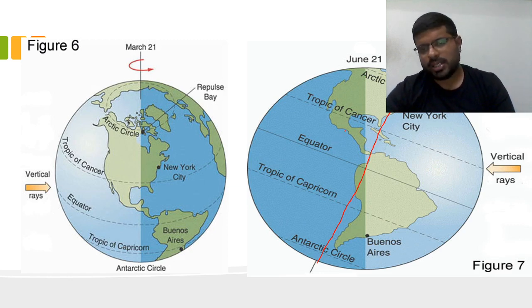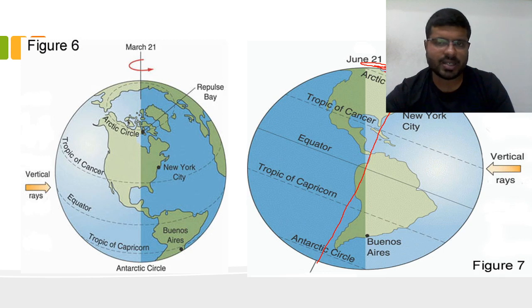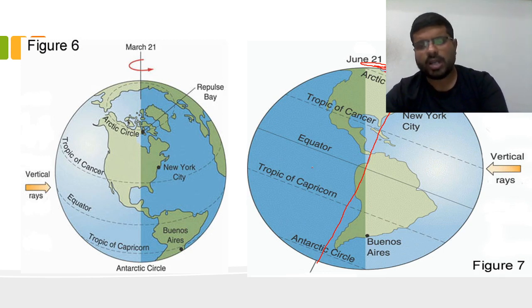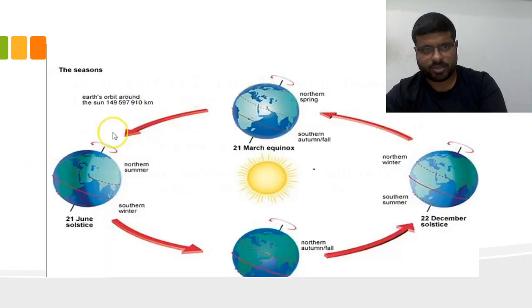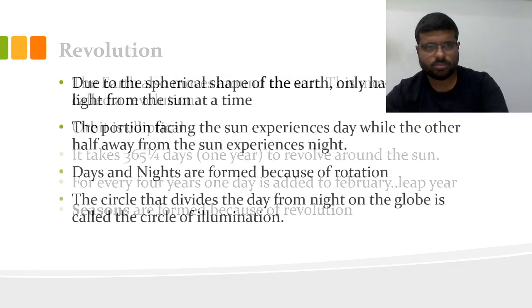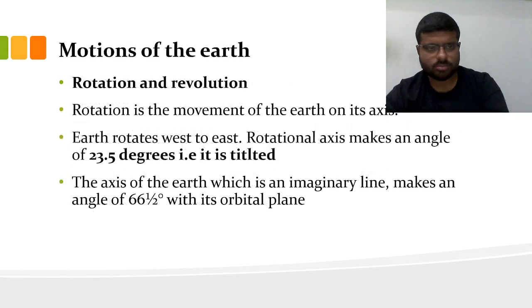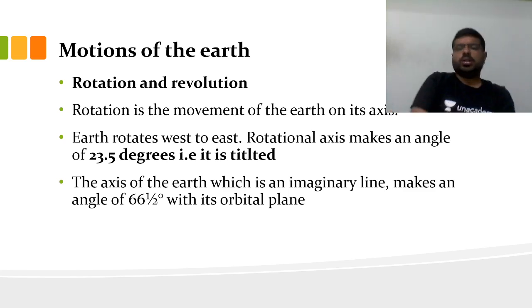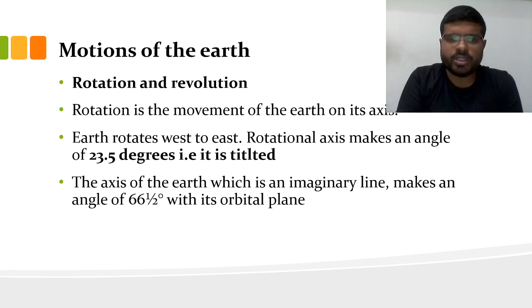This is how the Earth looks from outer space. As it looks, it is making a tilt. This tilt of 23.5 degrees is the reason why you will find these variations, because of which you will have so many variations. The rotational axis makes an angle of 23.5 degrees.